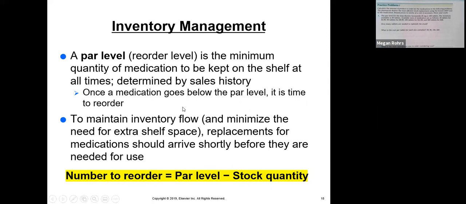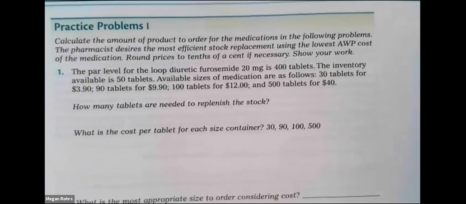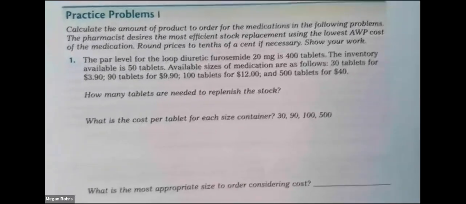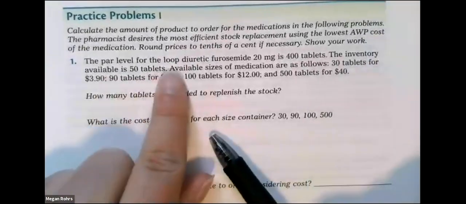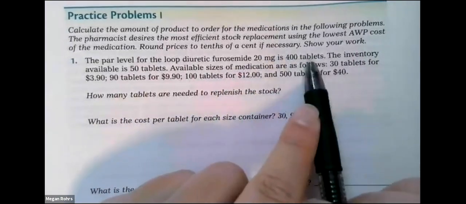And we can also discuss how to calculate the amount that we pay for each tablet, based on the cost of the stock bottle. So let's take a look at an example here from the book. The par level for a loop diuretic, furosemide 20 milligrams, is 400 tablets.